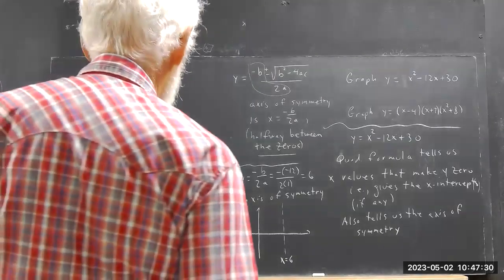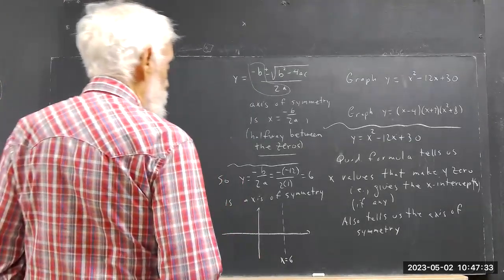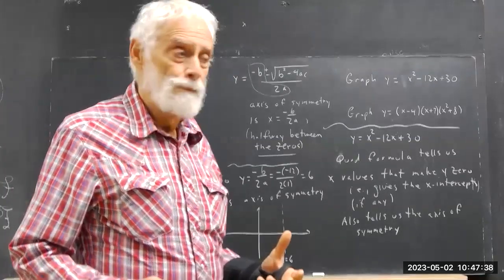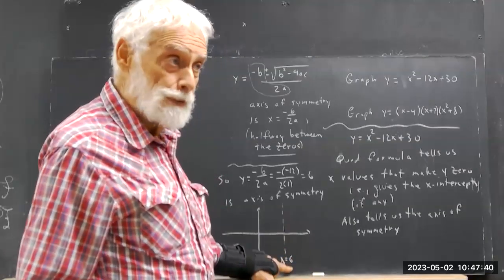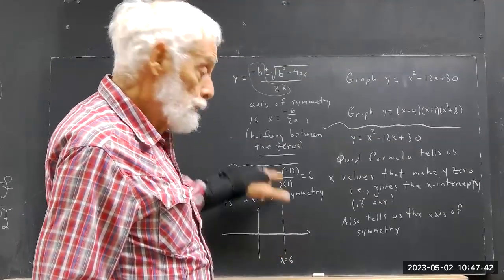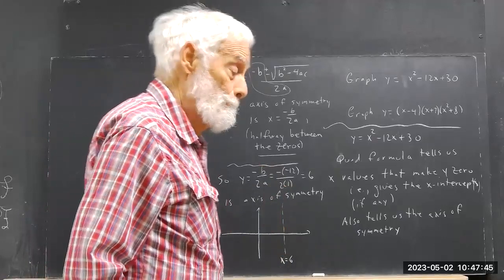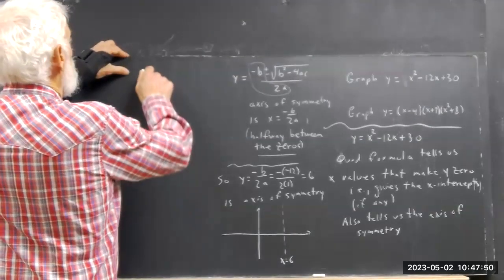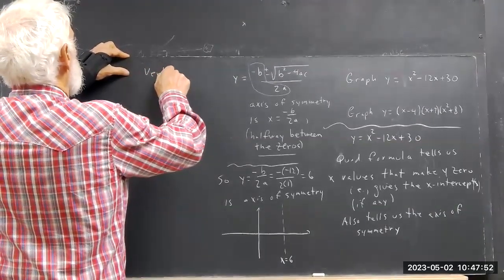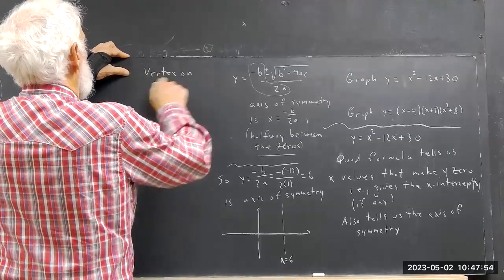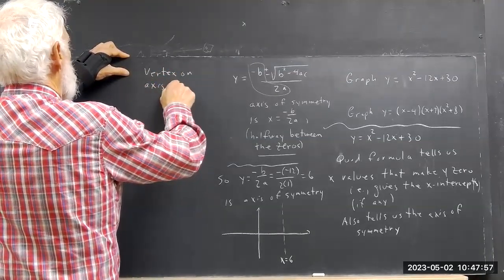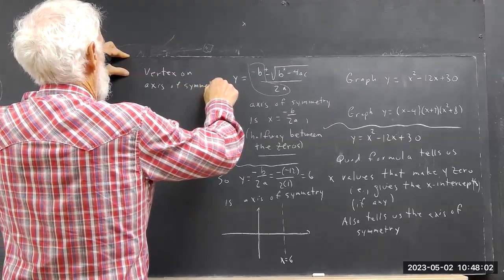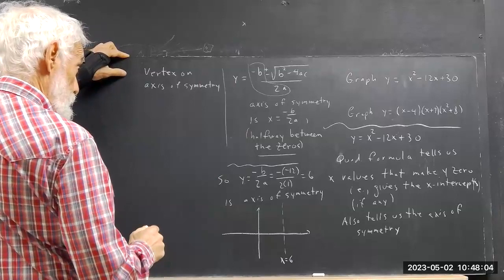Okay. Once we know the axis of symmetry, we plug in x equals 6 and find the point on the graph that lies on that axis. The vertex is on the axis of symmetry.